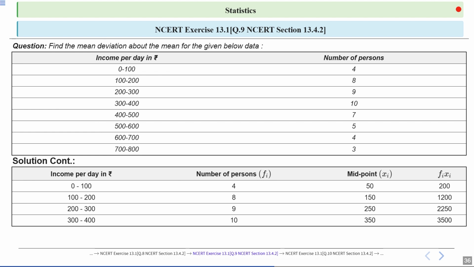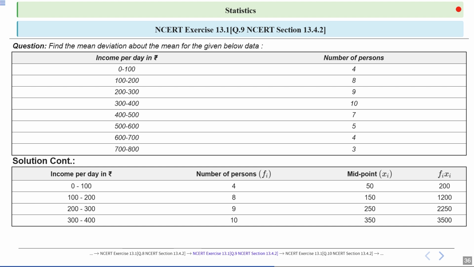Here fi stands for the frequency, which is the number of persons in each income group. xi is the midpoint of each income range, calculated as lower limit plus upper limit divided by 2. The column fi xi is the product of the frequency and the midpoint for each group, and we will use these values to find the mean using the formula.